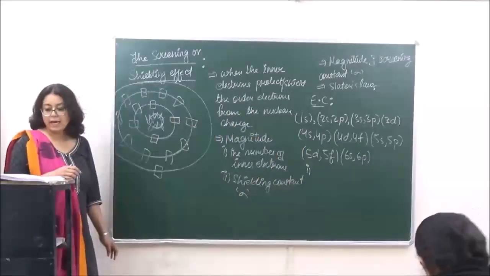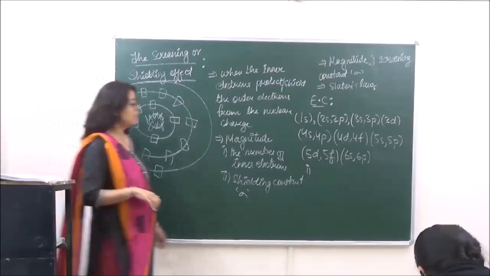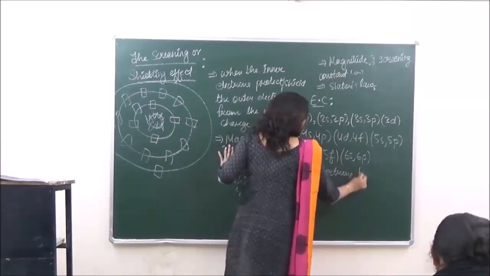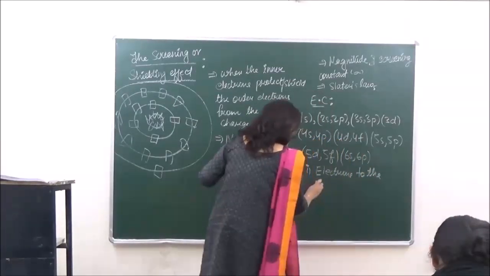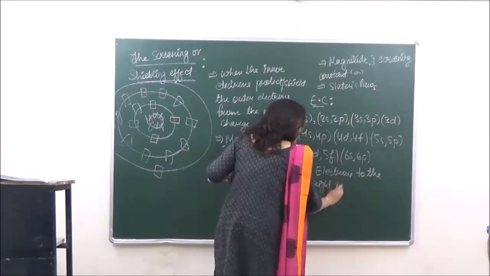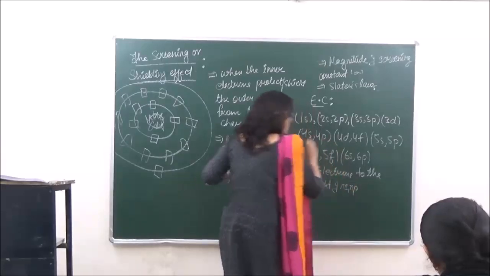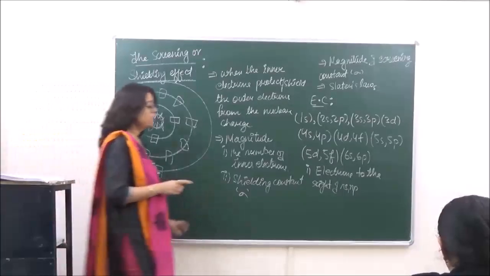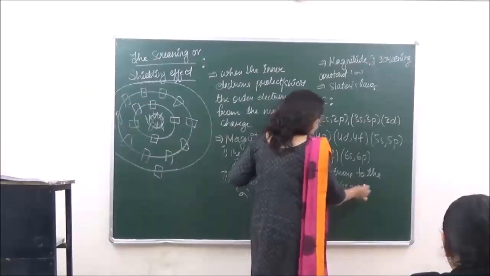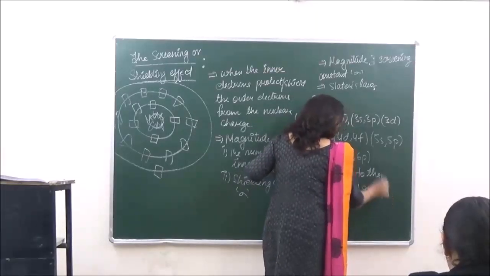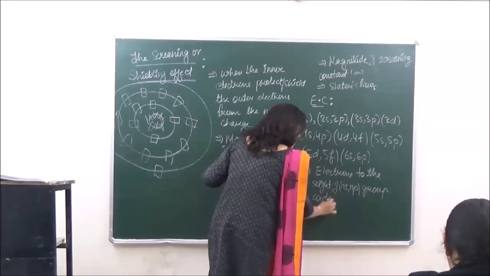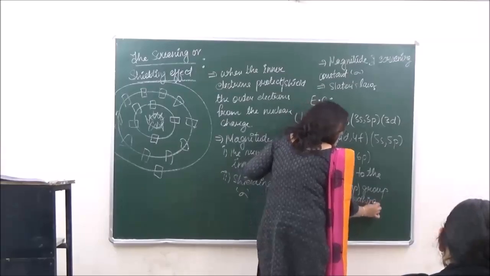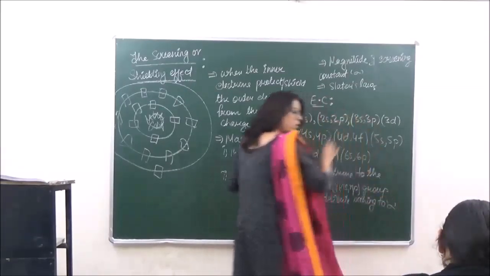The first law: electrons to the right of the ns and np group contribute nothing to the screening constant, right?